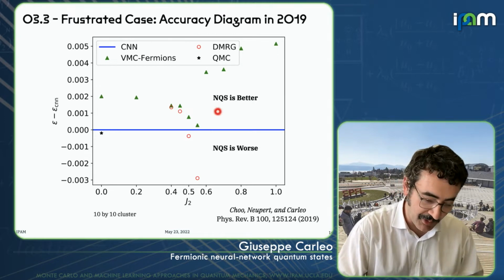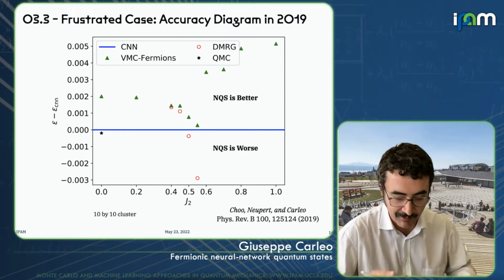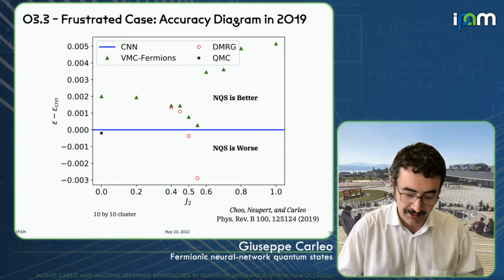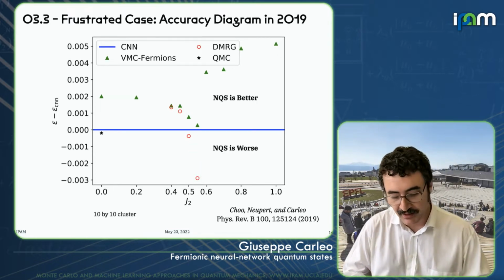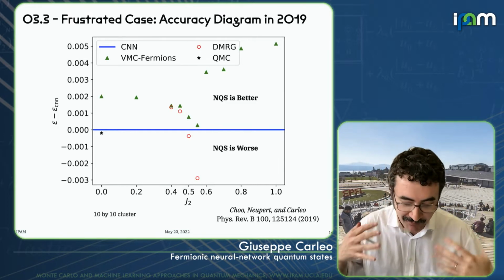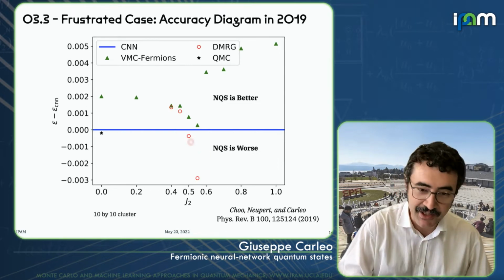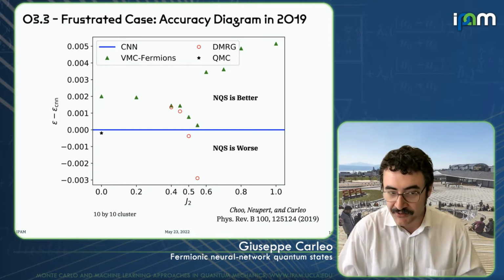So if these points are in the upper part of this diagram, it means that the NQS energy, the neural quantum state energies, are lower, so let's say better. Or if they are here, it means that some other techniques, notably the DMRG here, can have a lower energy. And you can see that we spent a lot of time understanding and trying to improve, especially around this region, which was disappointingly not at the level of the DMRG.